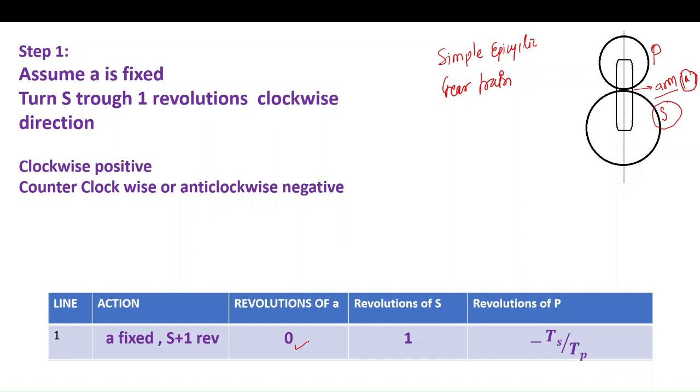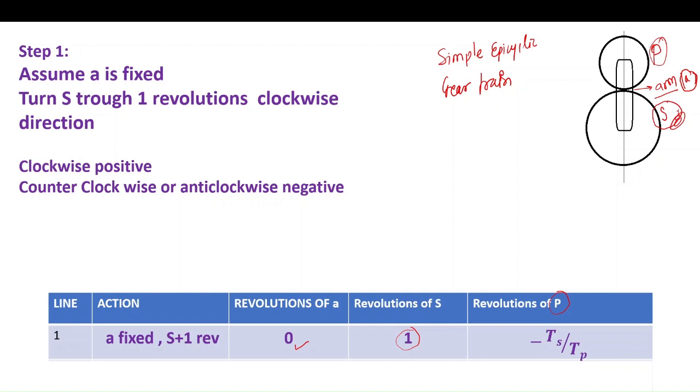Turn this gear S through one revolution clockwise. So the revolution of S is 1. We have to find the revolutions of P.